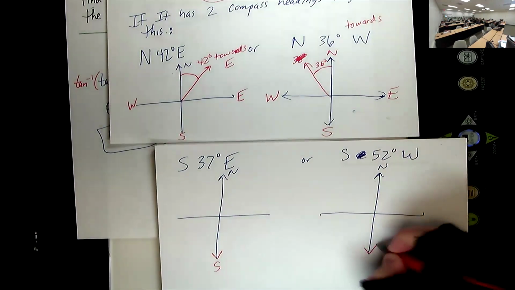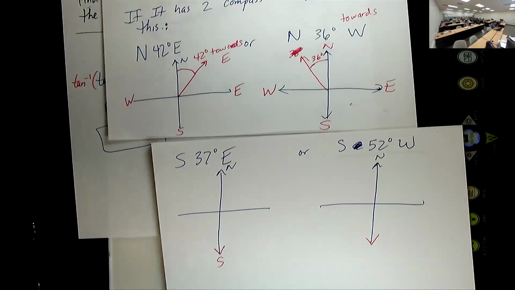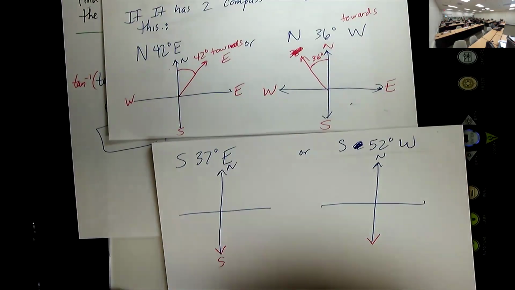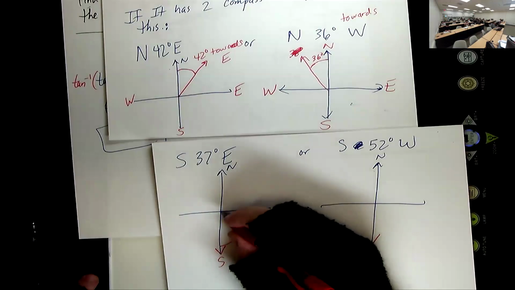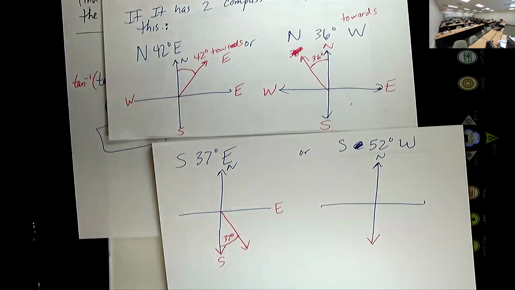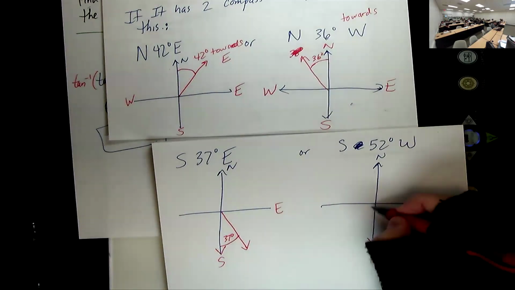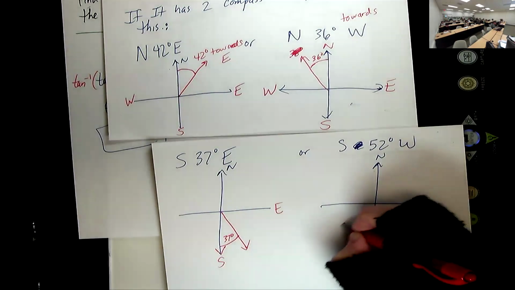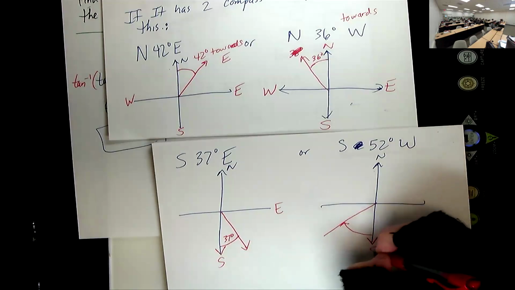South is down here, we start at the south, and we rotate in the direction it says. 37 degrees towards the east. 52 degrees towards the west.